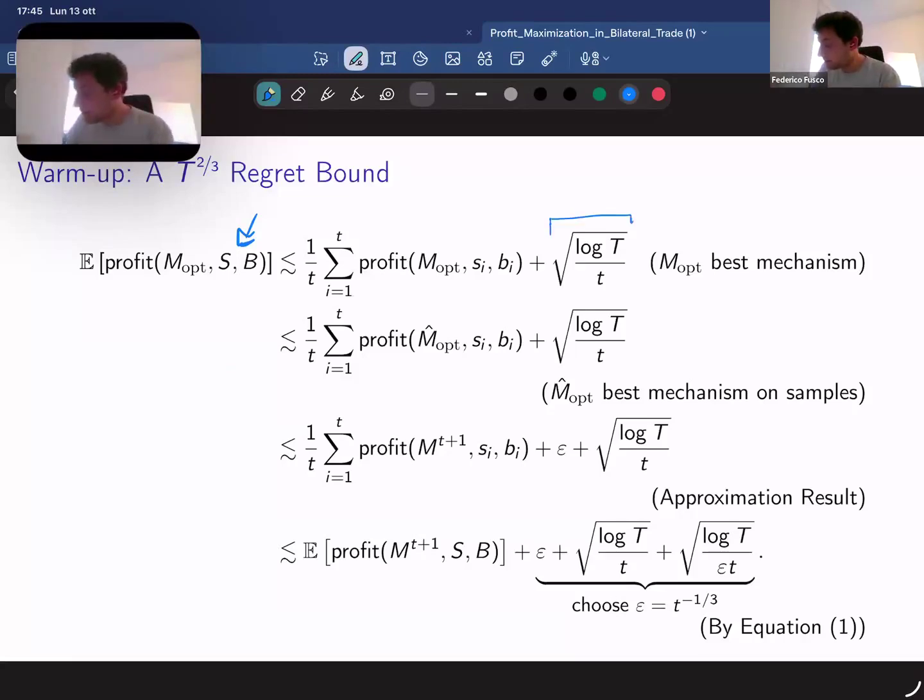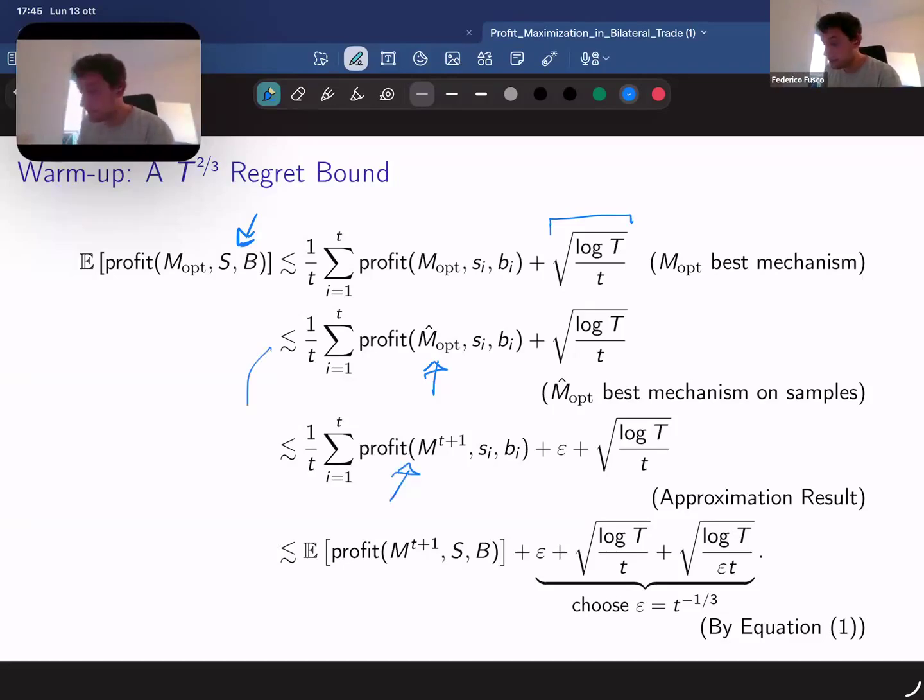We make this error and we estimate it correctly. Now we look at the samples and we look at the empirical maximizer, that is this guy, and we can compute it. And then what we actually play is not the best mechanism, but the discretization of this best mechanism, that is this guy here.